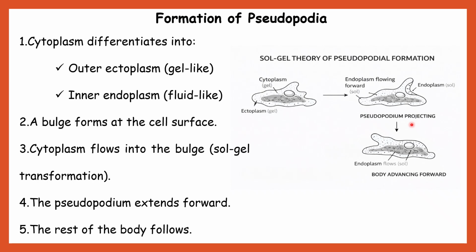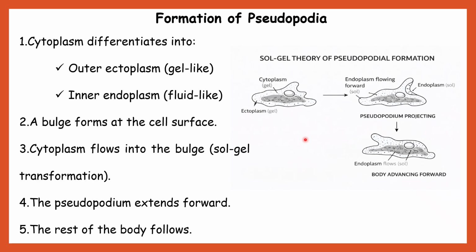So this is how the jelly-like ectoplasm turns into the sol, which is basically a highly fluid-like thing, and later, because the water exits the amoeba's body, the ectoplasm again gains its jelly-like appearance.